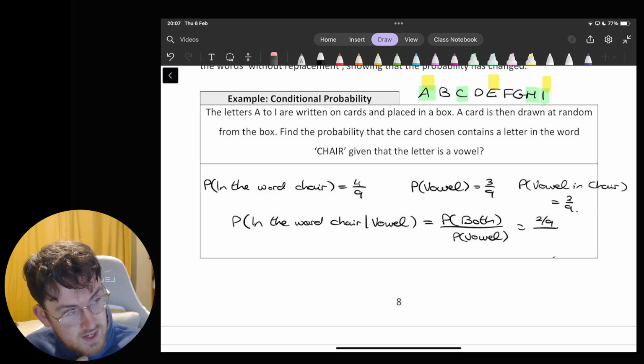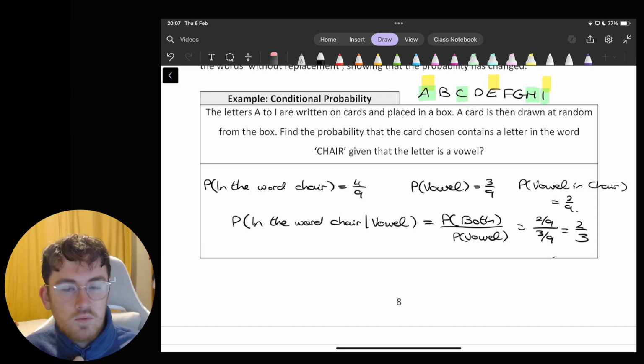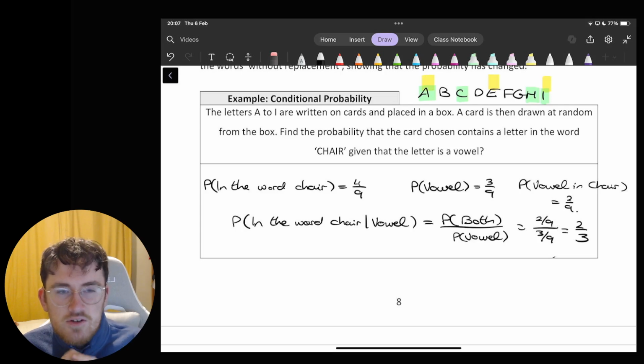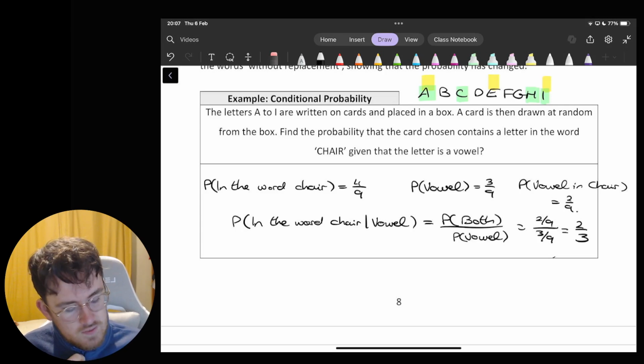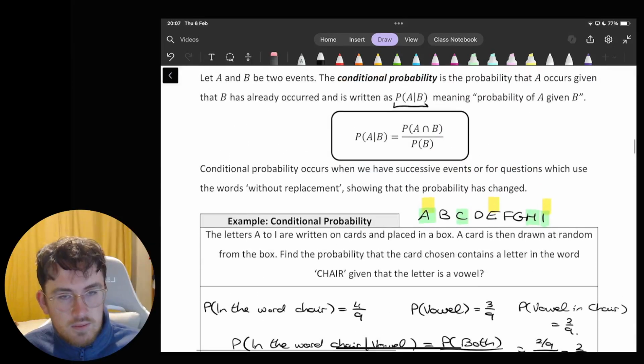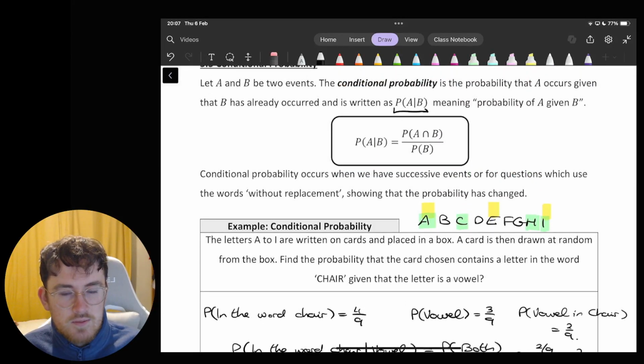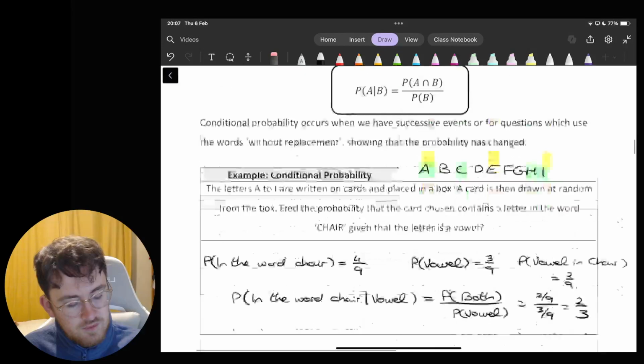The probability of getting a vowel is 3 out of 9. So there's a 2 in 3 chance. And that does seem logical, because out of the vowels we've picked, only 2 are in the word chair. So conditional probability of A given B is the probability of both over the probability of B.